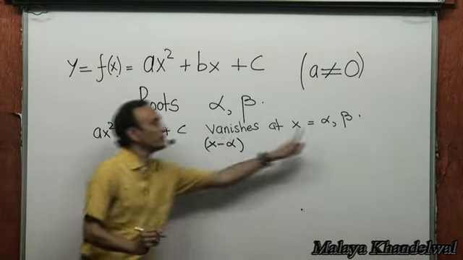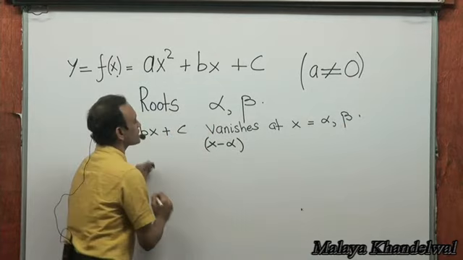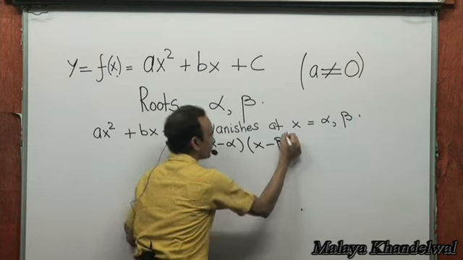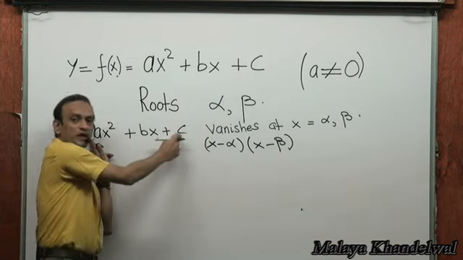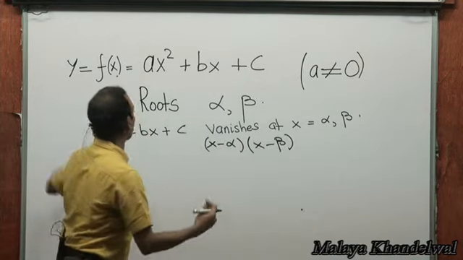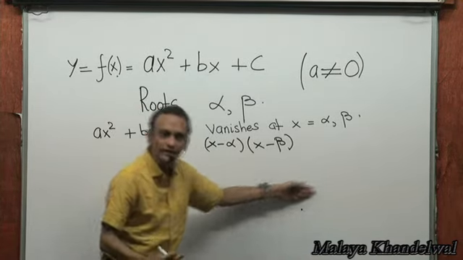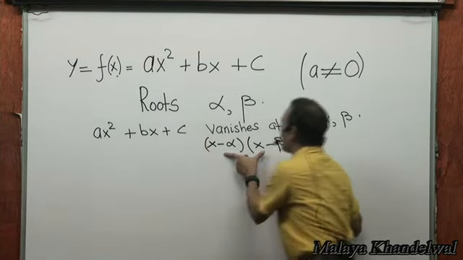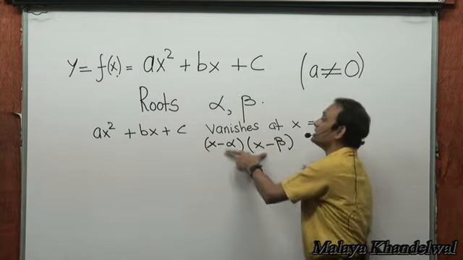Similarly, this expression becomes 0 at x equal to beta, so this expression must have x minus beta as a factor. Now, when you factorize an expression, do you get an equation or an identity? You get an identity. Factorizing an expression will produce an identity. So ax squared plus bx plus c will have 2 factors, x minus alpha into x minus beta.